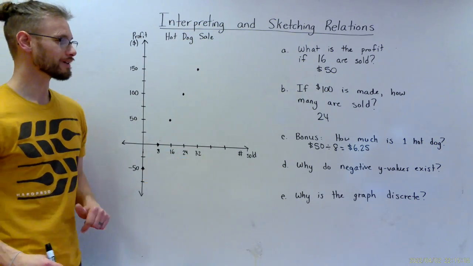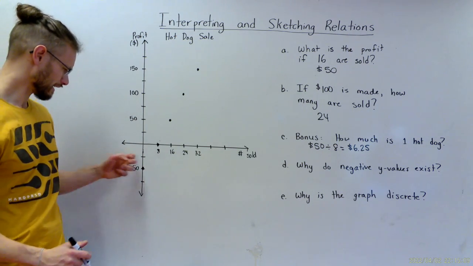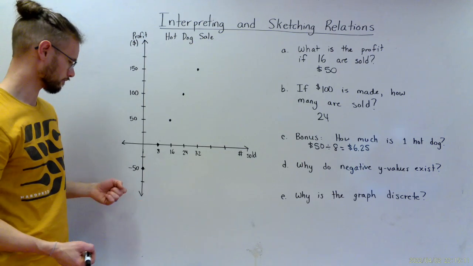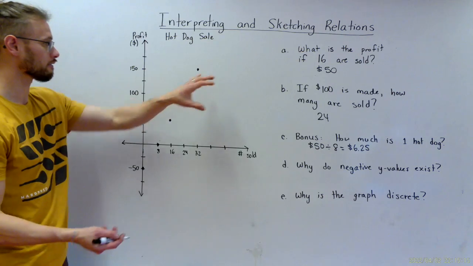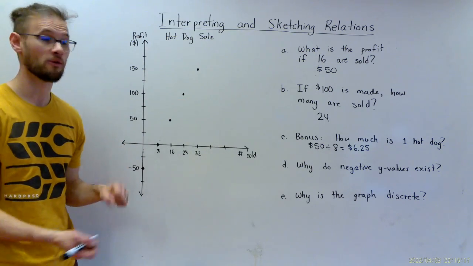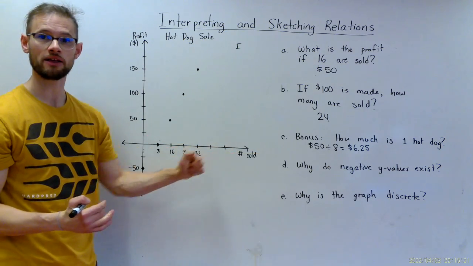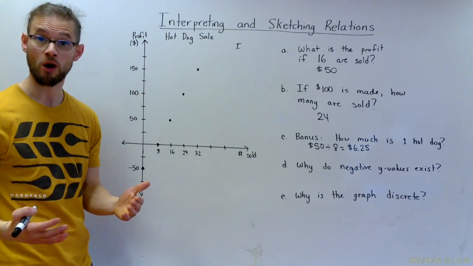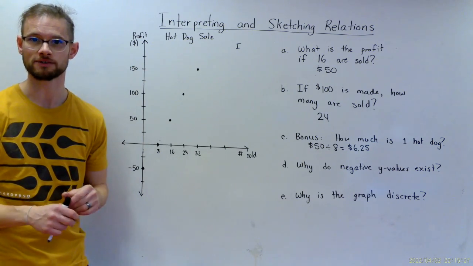Next, why do negative y values exist? Well, again, this is more of an interpreting question. Why would the profit start in the negatives? Again, most of the examples we've looked at so far have been in quadrant 1, where both our x values and our y values are positive, because most real-world examples deal in positive numbers.